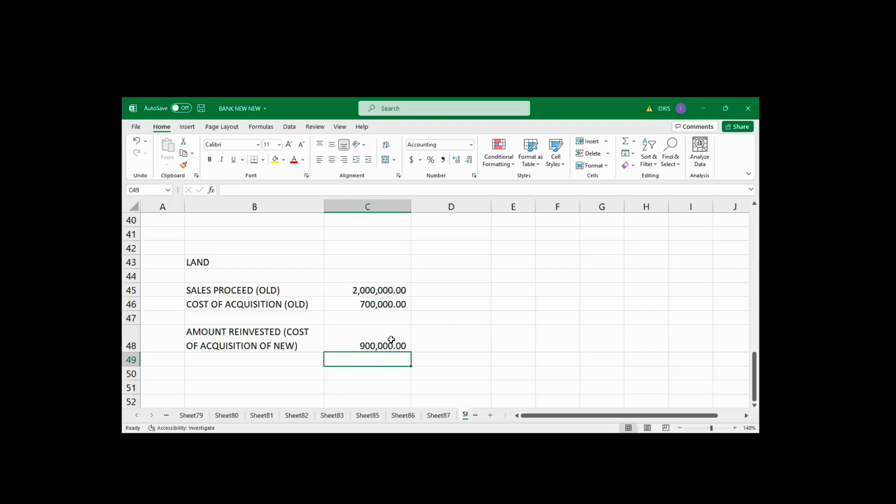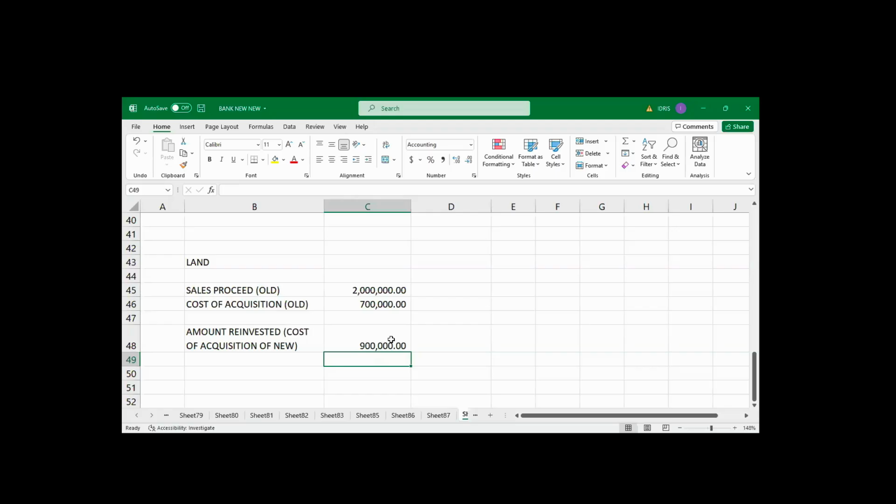Full rollover relief is available where the amount reinvested in acquisition of new assets is higher than sales proceeds of the old asset and cost of acquisition of the old asset. That is full.